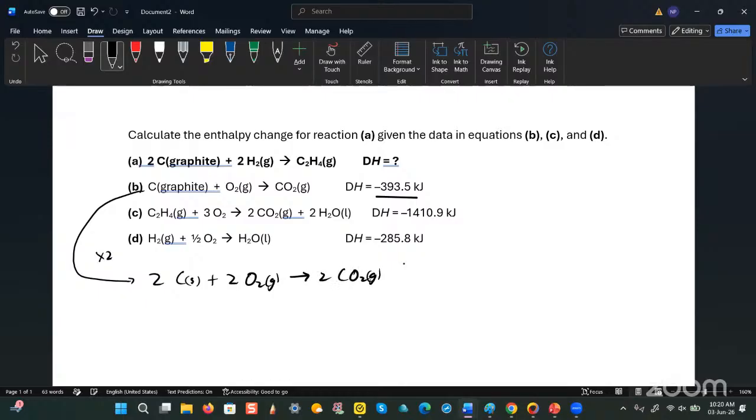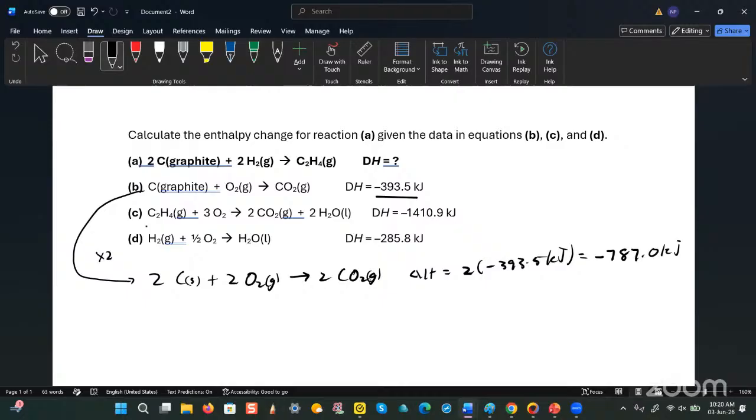And that means that the delta H value for this would be equal to 2 times minus 393.5 kilojoules. So let me see what that gives. 393.5 times 2. According to my calculations, this works out to be equal to minus 787.0 kilojoules, all right?